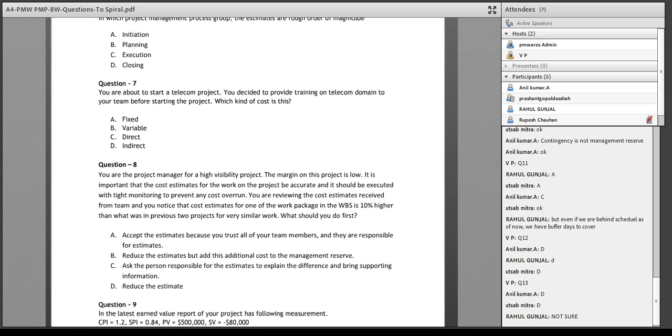Until you have a cost baseline, you cannot control it. So preparing a cost baseline cannot be a control. Maintaining the project on the cost baseline is control, right? That's a planning activity. Preparing a cost baseline is a planning activity.